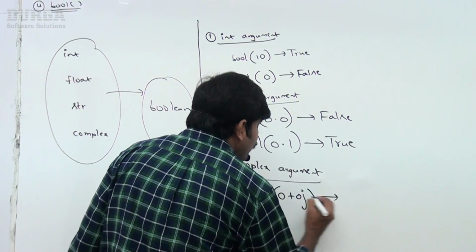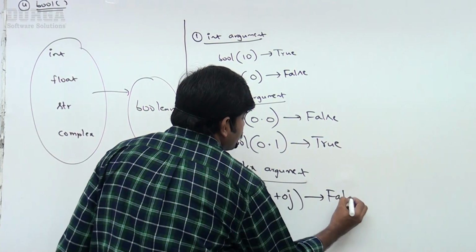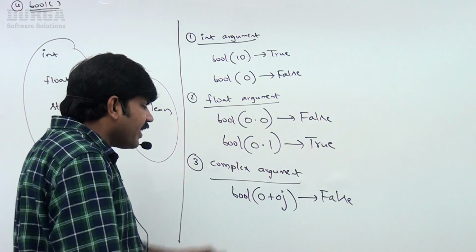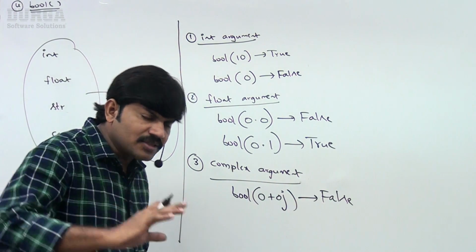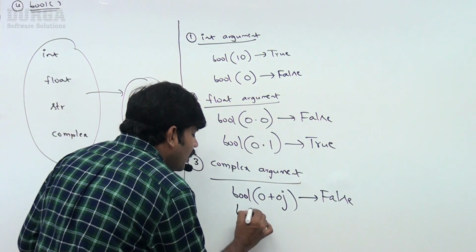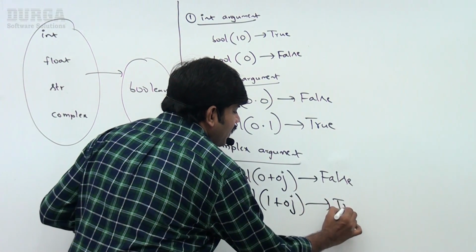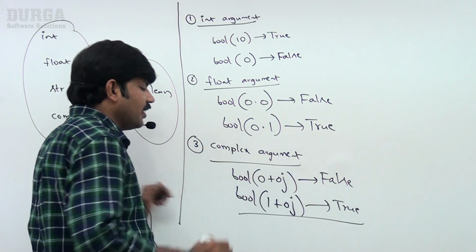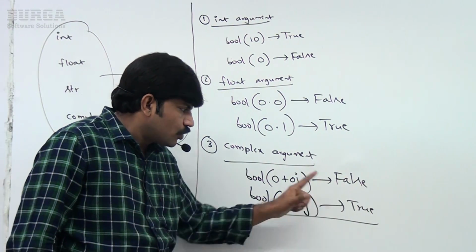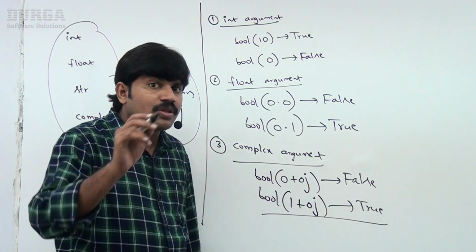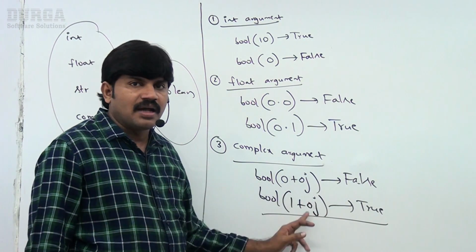What is the answer we are going to get, sir? False, because the real part is 0 and the imaginary part is 0. Except this, for non-zero, bool of 1 plus 0j, automatically true is the answer. If both the real part and imaginary part are 0, then only false. Otherwise it is true.